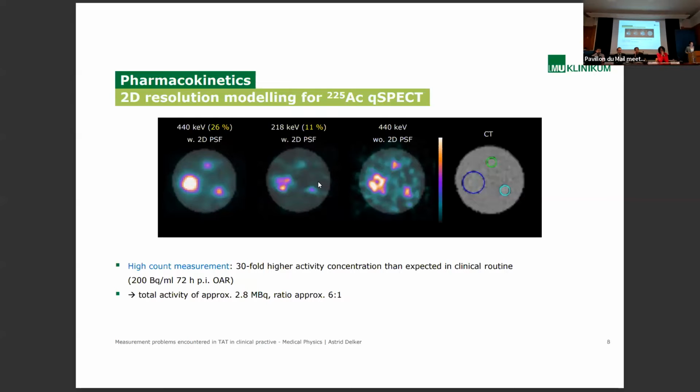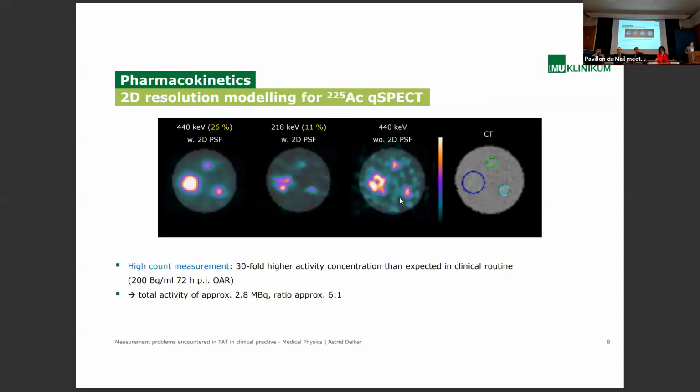You can immediately see that for the 218 keV peak, this high count measurement was already a low count measurement, because the signal shape is very distorted and we do not really have a good signal intensity. This is probably due to the fact that the emission probability for 218 keV is already a factor of 2 lower compared to 440 keV.